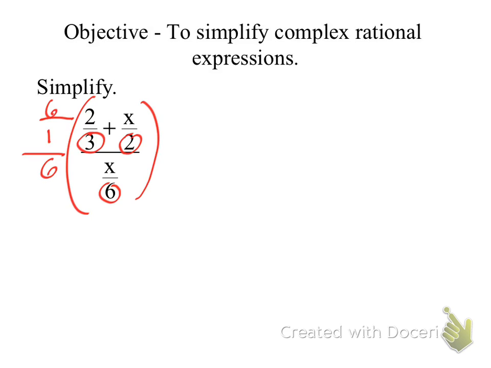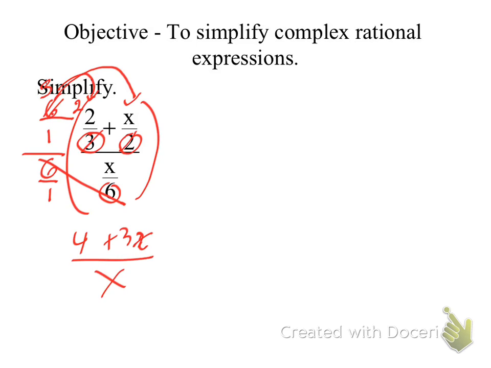Isn't any number over itself equal to 1? So it doesn't change its value. So now I can distribute here. This gives me a 2 times 2 is 4. And then I can distribute here, and this gives me a 3 times x is plus 3x. And then we can cross cancel here, and we are left with an x.